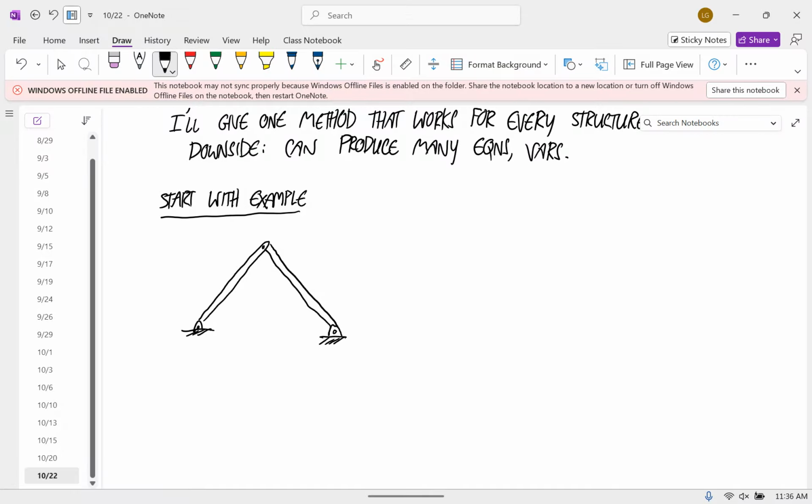And let's say we have a 6,000 Newton force applied to the pin that connects the two. And let's say that all of the lengths are 1 meter.